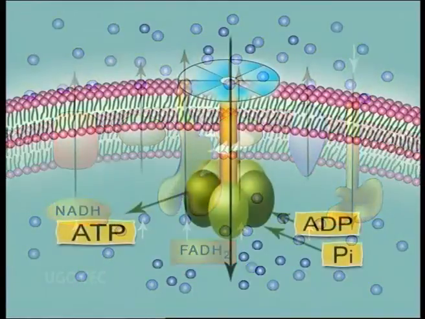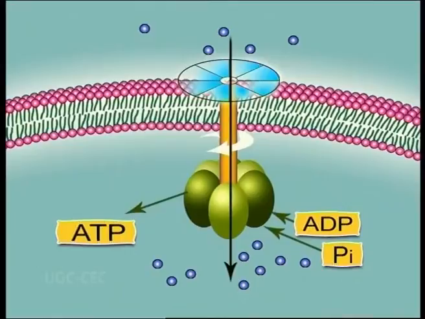These protons tend to return to the matrix through the ATP synthase complex, and their potential energy is used to synthesize ATP from ADP and inorganic phosphate. This process is called chemiosmosis and it was first described by Peter Mitchell, who was awarded the Nobel Prize in Chemistry in 1978 for his work.